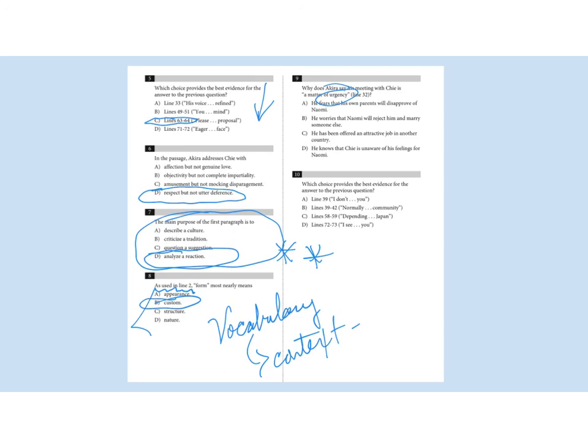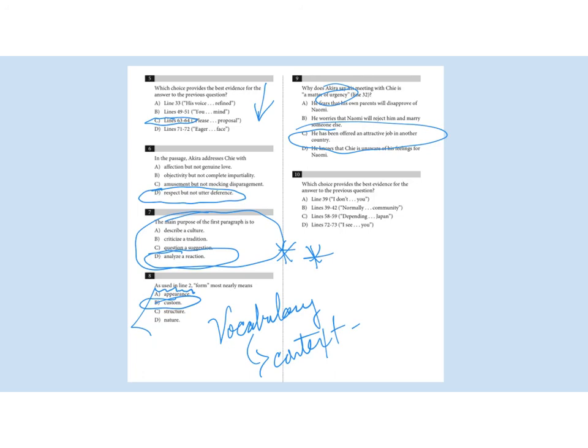So this courtship has become much more urgent for him, because he's got to figure out whether he's going to take Naomi with him, or whether he's going to stay here, or have to make a home for her in Japan and hope to bring her at some particular point. This answer, he has been offered an attractive job in another country, is obviously the correct one.